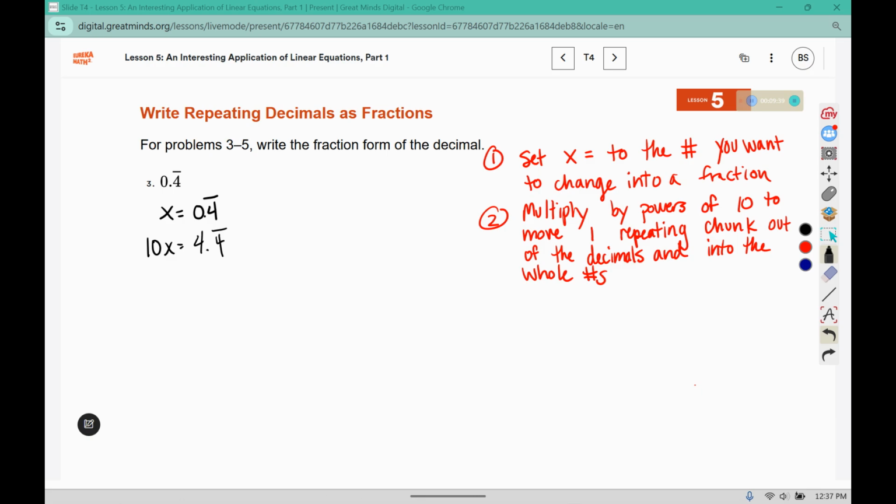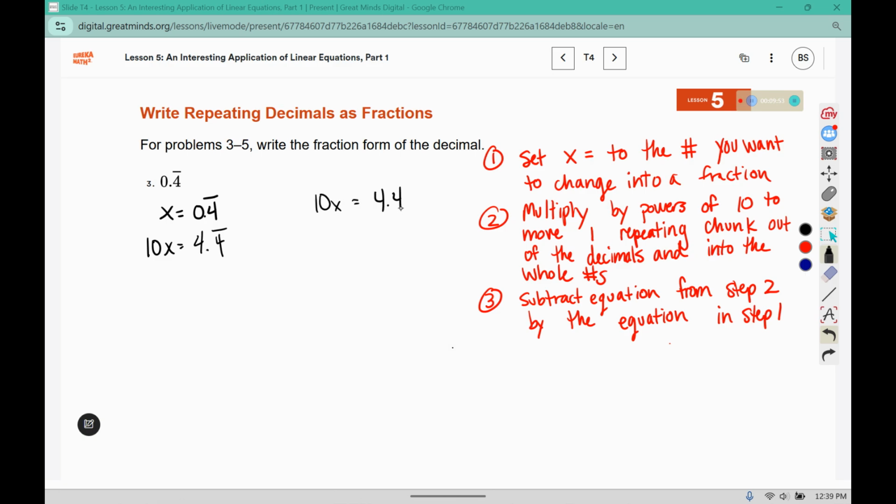Okay, then we are going to subtract. So it will look something like this. 10x equals 4.4 repeating, and we are subtracting x, and we are subtracting 0.4 repeating.